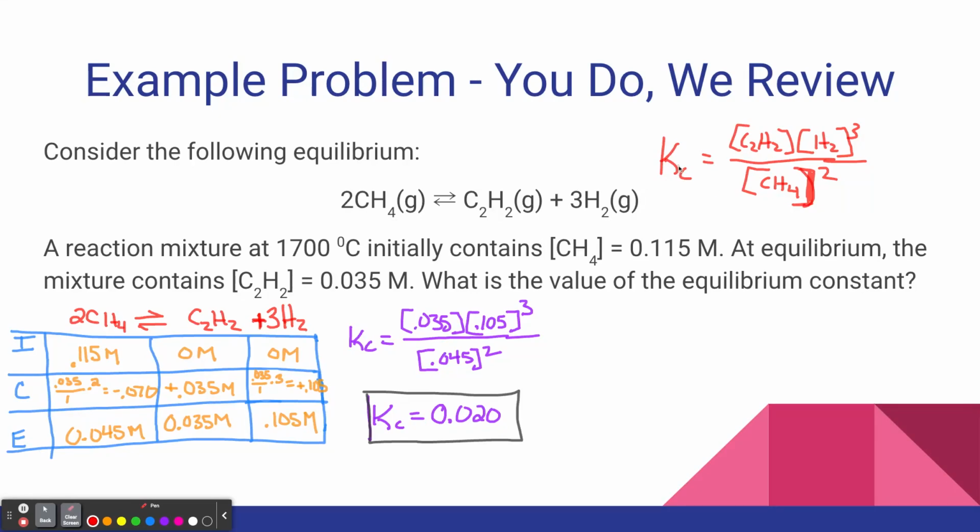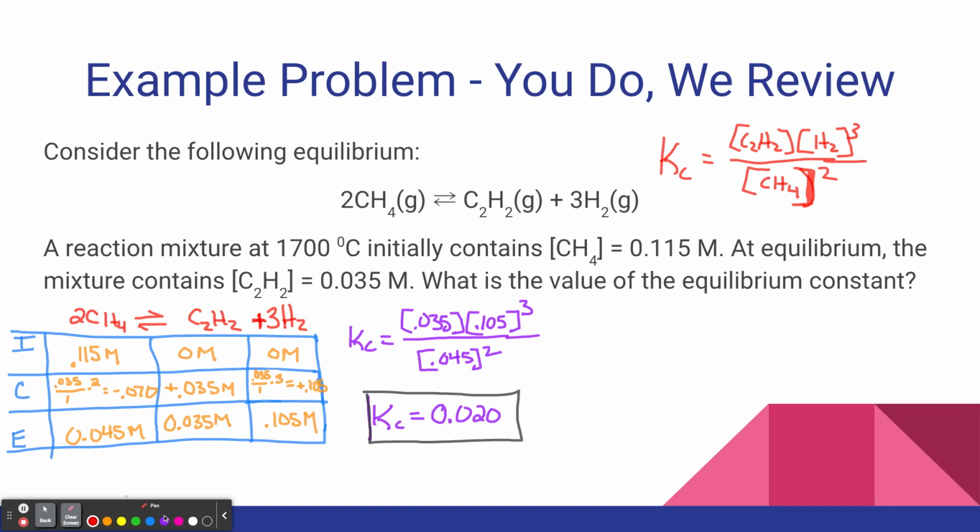Step 2 then was to write the value of Kc for this equilibrium. So we have the concentration of C2H2 times the concentration of H2 to the third power, all over the concentration of CH4 squared. From there, I drew my ice box, okay, and I plugged in the information that was given to me.